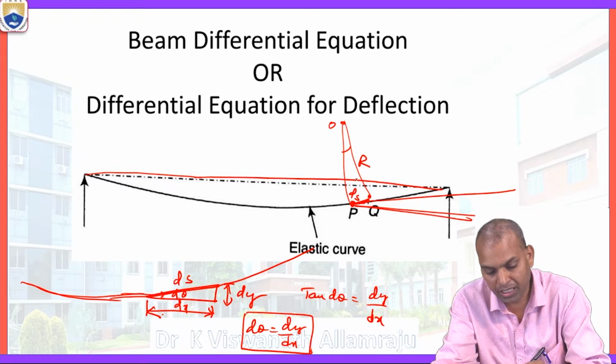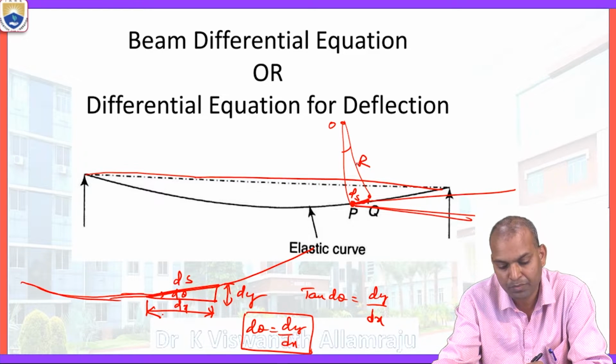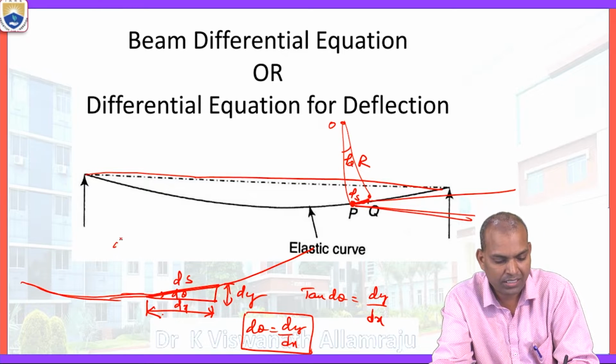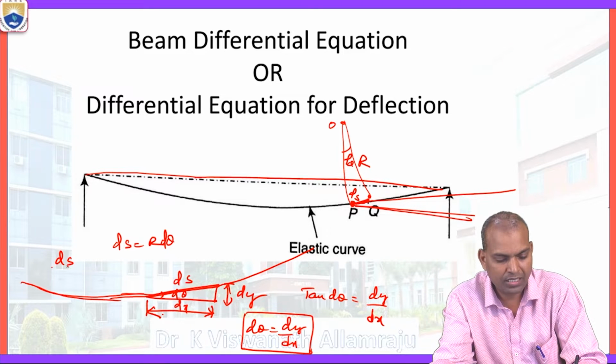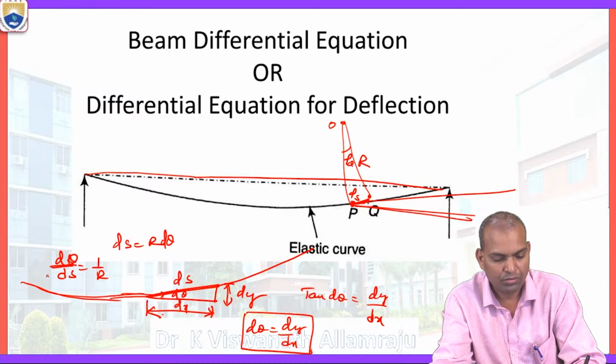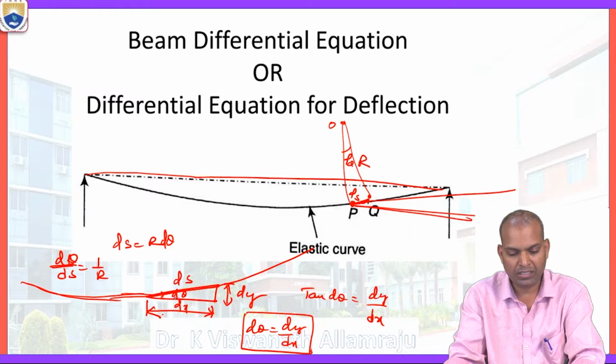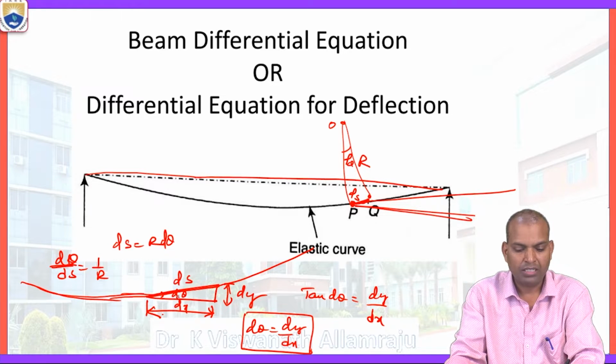Now to find the relation between d theta, R and ds, ds equal to R d theta. So d theta by ds equal to 1 by R. From this right angle triangle, ds is the hypotenuse, dx is the horizontal adjacent side, and dy is the vertical.